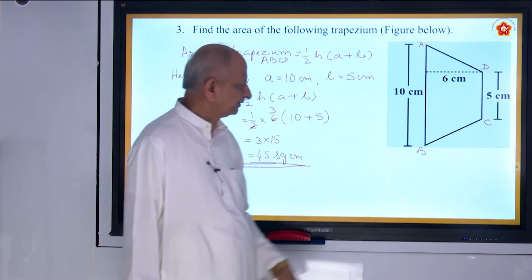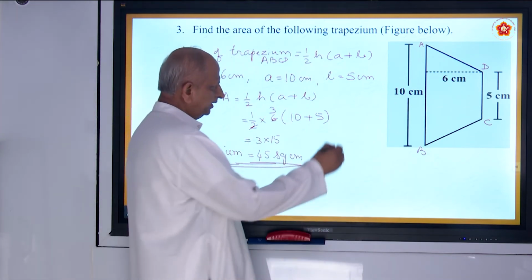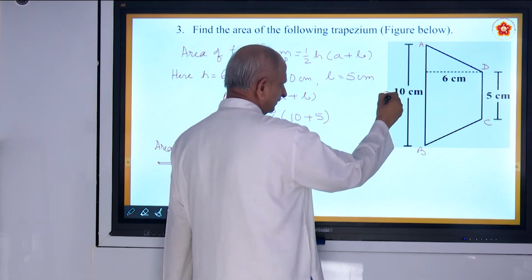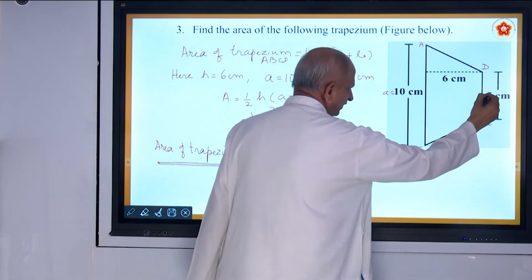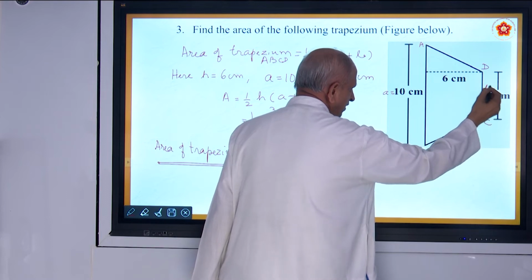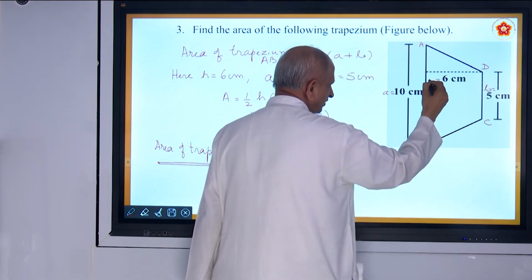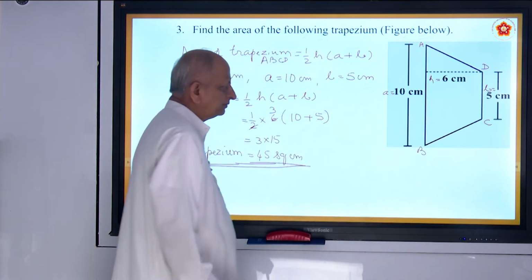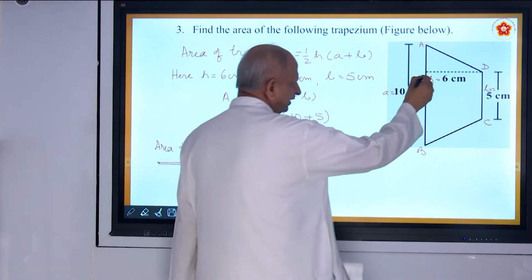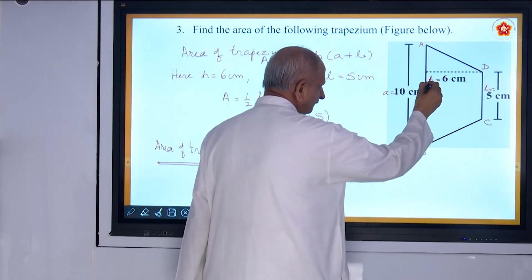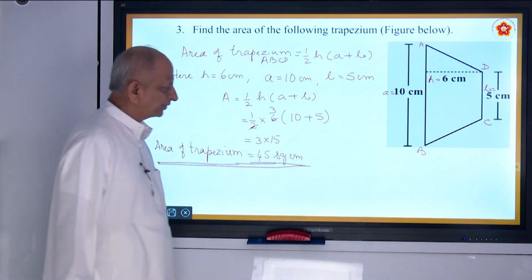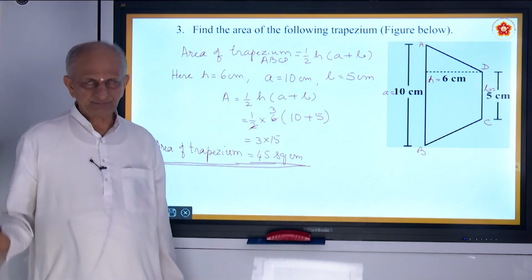This is called height. Here we refer to it as a. This we refer to as b. This we refer to as h. Okay, and then you apply it in the formula. Okay, that's how we got it.